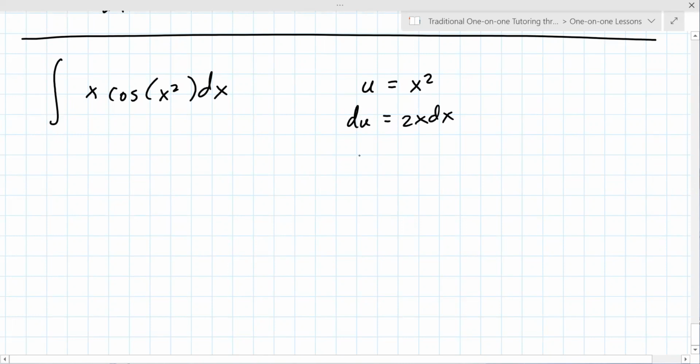So solve for dx: dx is du over 2x. So it's the integral of x cosine u, because u is x squared, and dx is du over 2x.